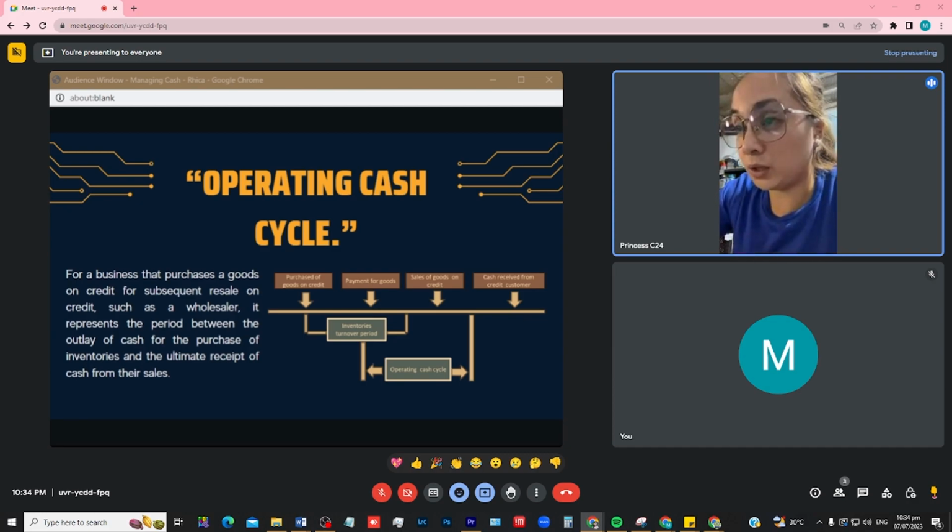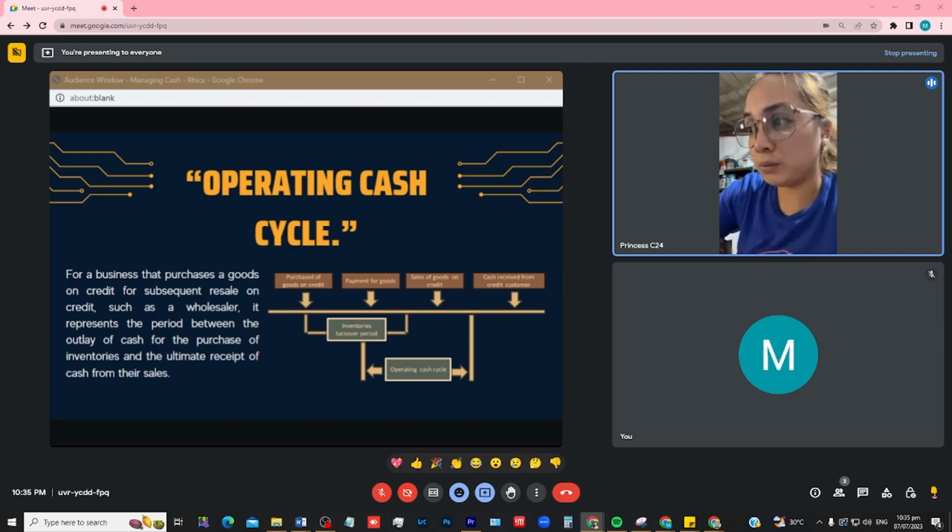Ang nauuna po dito ay first is purchase of goods on credit, payment for goods, sales of goods on credit, cash received from credit customers, under po siya ng inventories turnover period, at sa lahat po ng iyon ay meron po tayong tinatawag na OCC, Operating Cash Cycle.